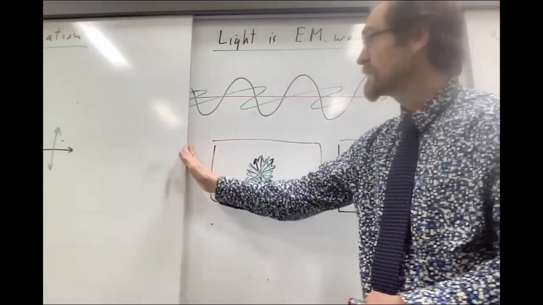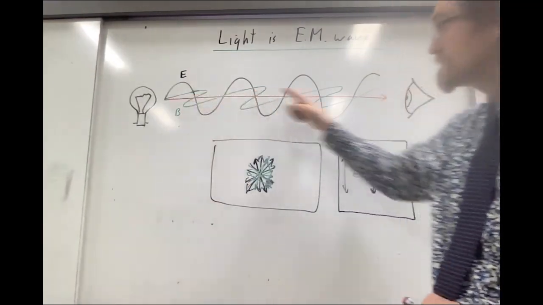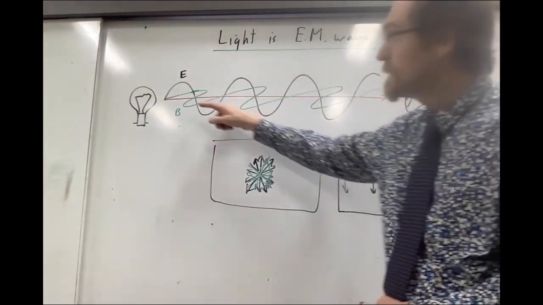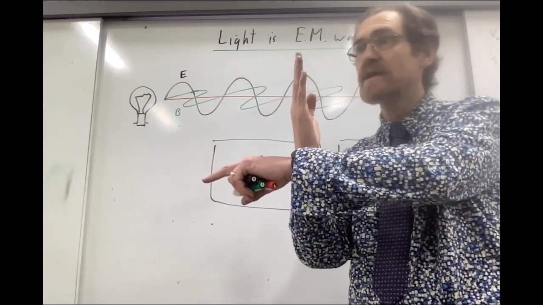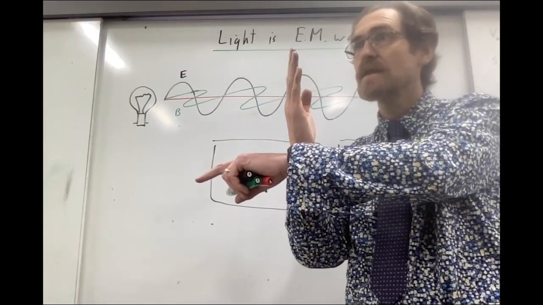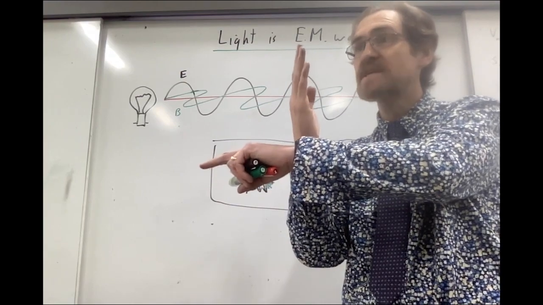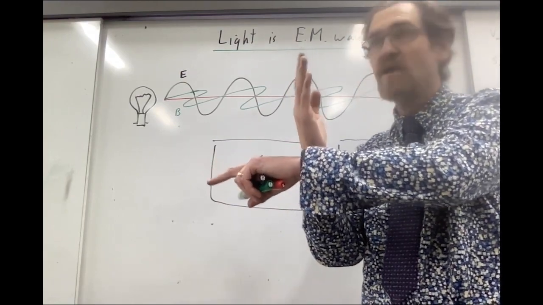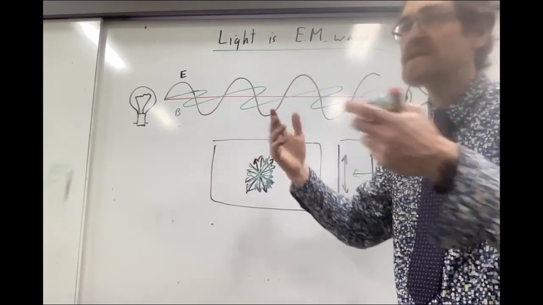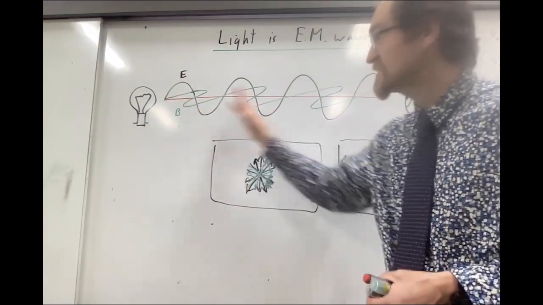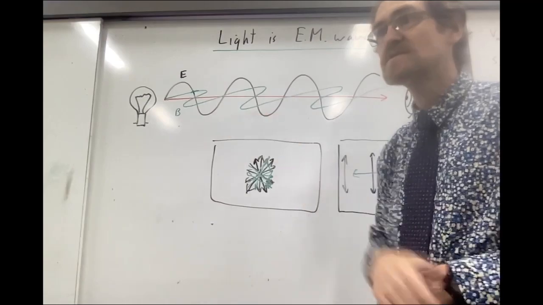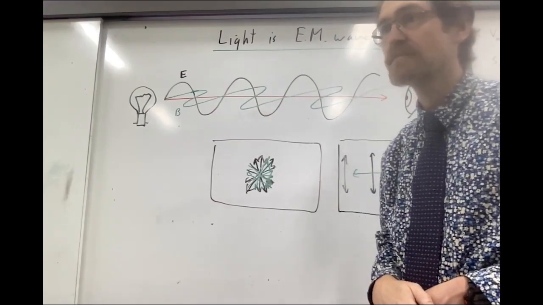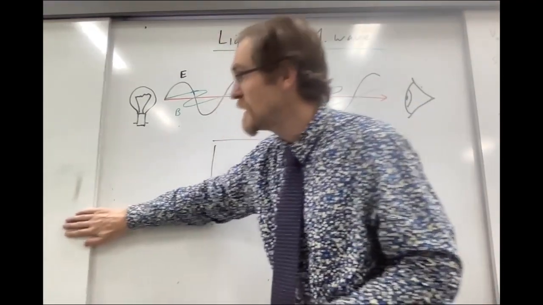Remember we said that the light moves to the right horizontally, but the E and B fields inspire or induce each other perpendicularly. So light is, in this sense, a three-dimensional product. There's the direction it's moving, plus the E field in one dimension, and the B field in the other dimension. So three dimensions there. Okay? All right.